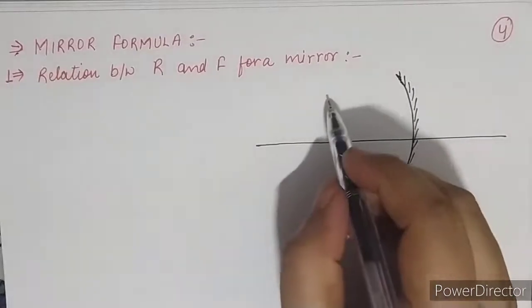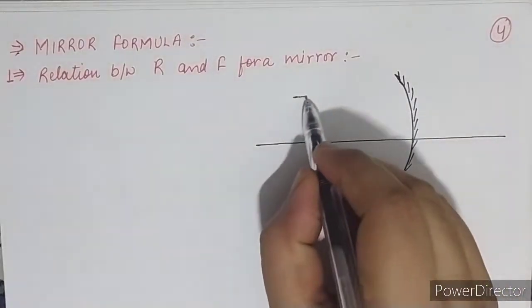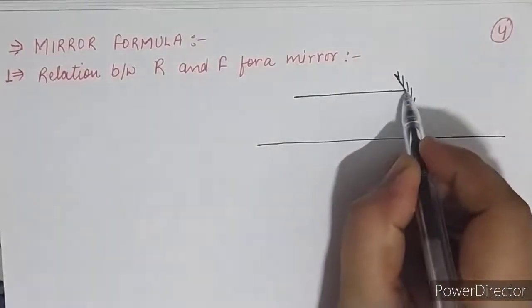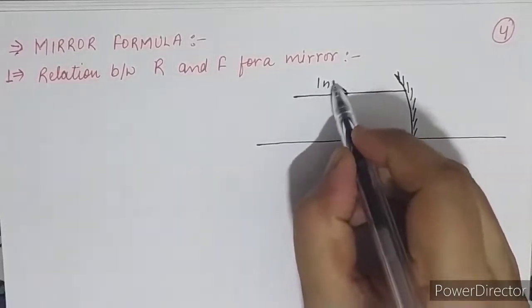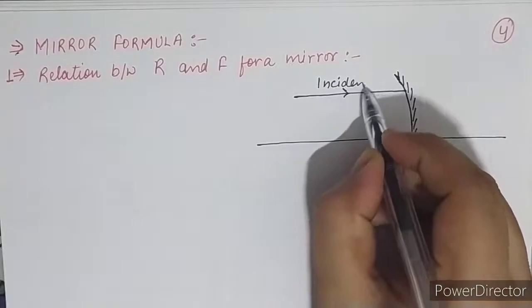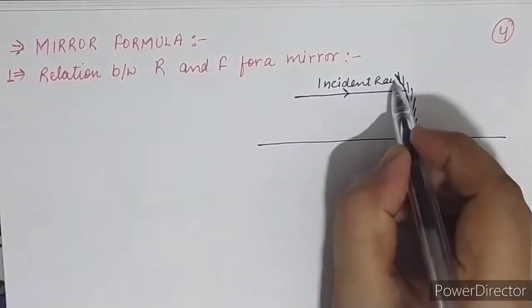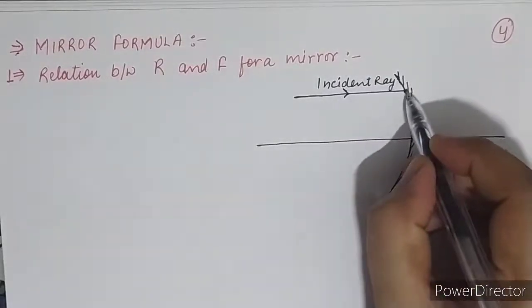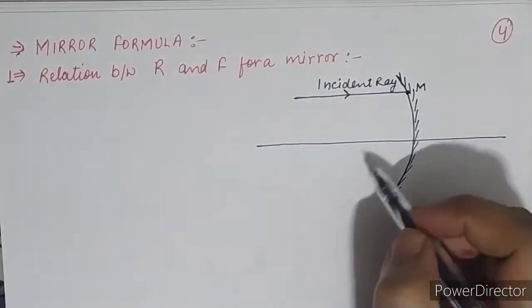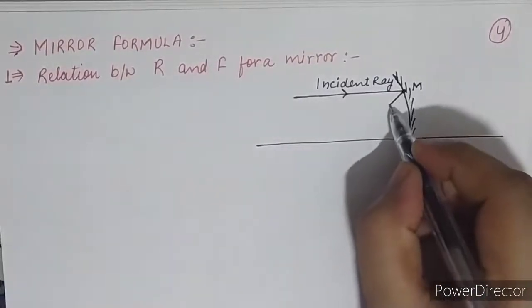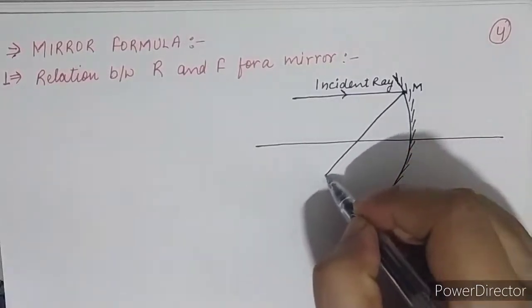First of all, when the light ray is coming parallel to the principal axis, this is the incident ray. After incidence on the reflecting surface at point M, it passes through the focus point, the principal focus.